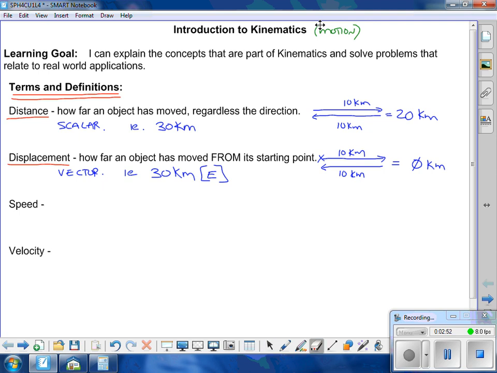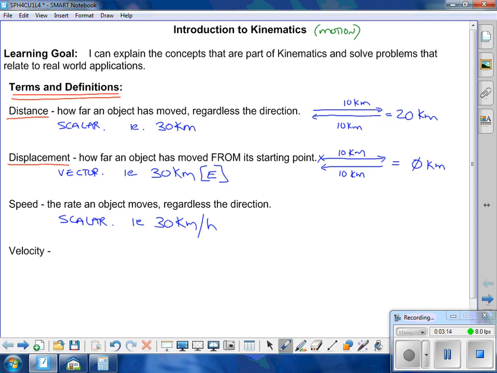Speed. Speed is how fast an object is moving, regardless of the direction. So forward, backward, doesn't matter. Again, this is scalar, and 30 kilometers an hour, which is probably not very common for a lot of you that are driving, but your car will do 30 kilometers an hour. You just got to brake a little bit more. Velocity then is the vector. Speed is how fast you go.